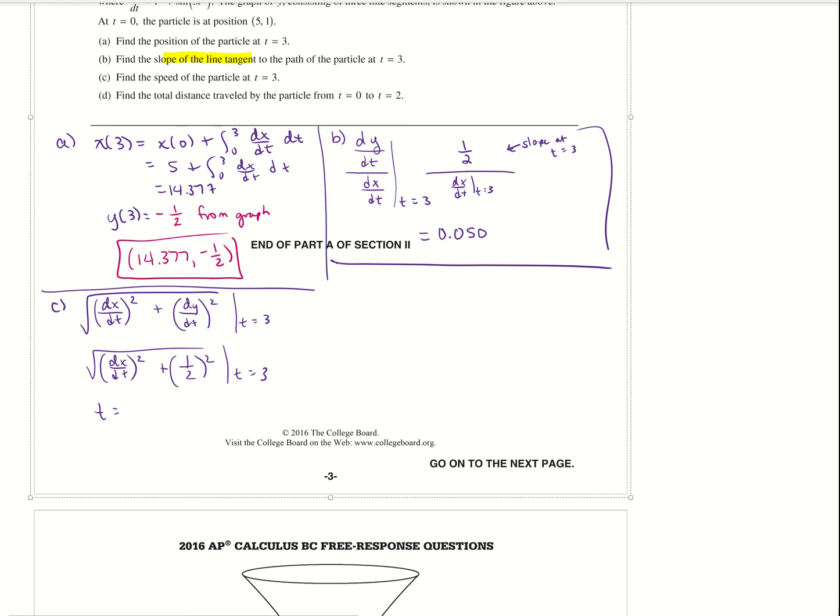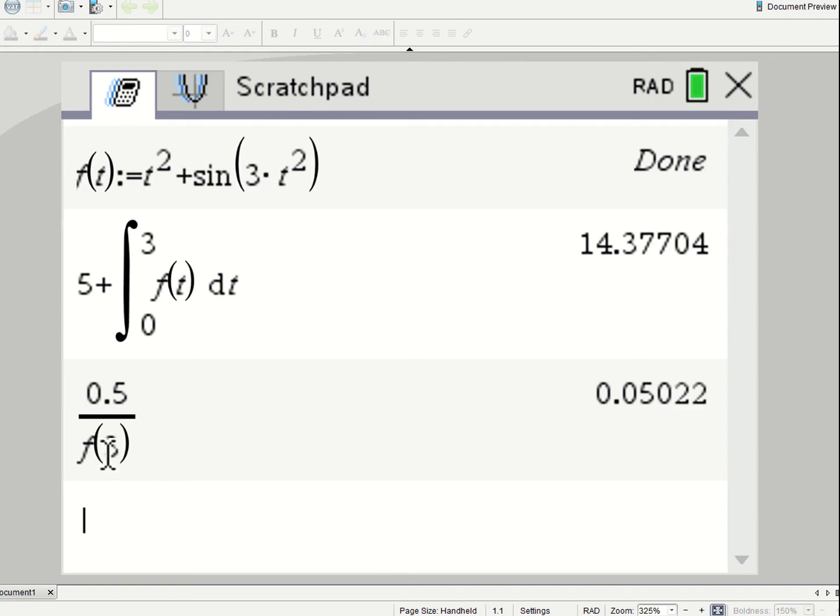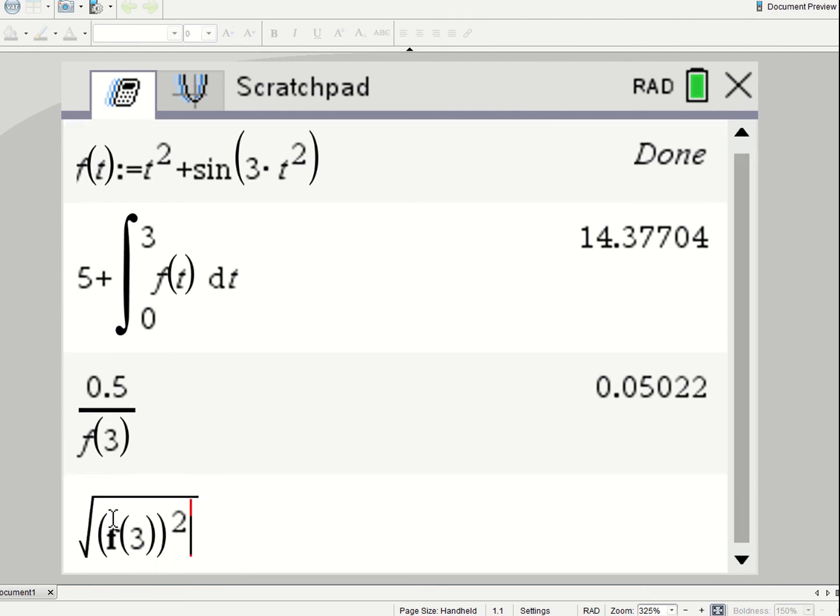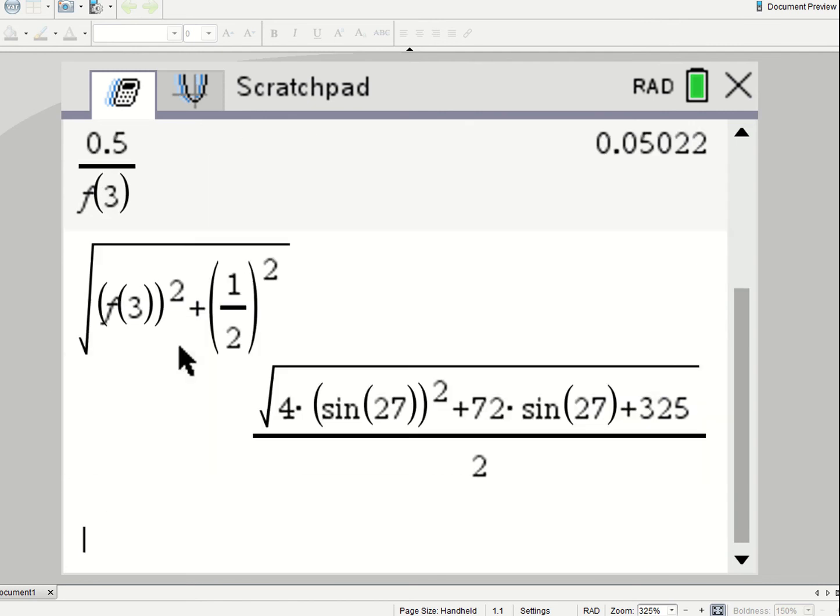All right, I'm going to jump to the calculator. So this would be the square root. And you might remember I called dx over dt f of t, but I want this specifically evaluated at 3. Now I'm not doing derivative at a point here because f is already the derivative. Plus, the slope of y was 1/2. That counts as our dy over dt, and I would like that also to be squared.